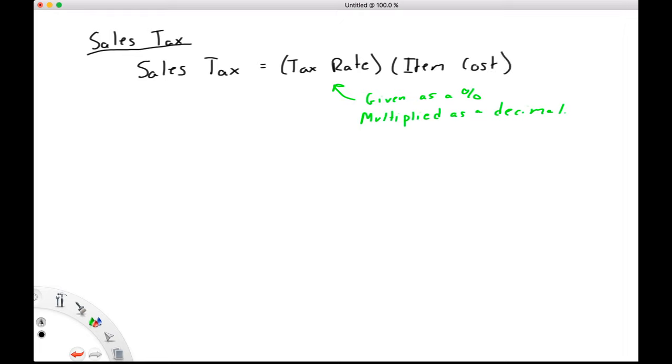So you have to take 6% of the item cost or 8% of the item cost, and that's how much money you have to pay on top of the cost of the item that you're purchasing that gets given to the government.